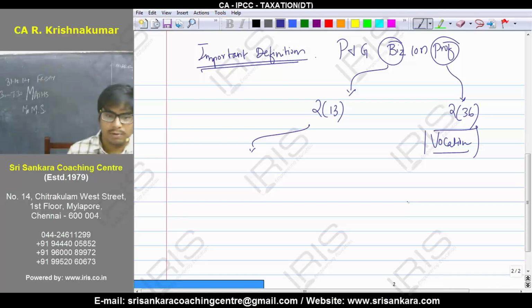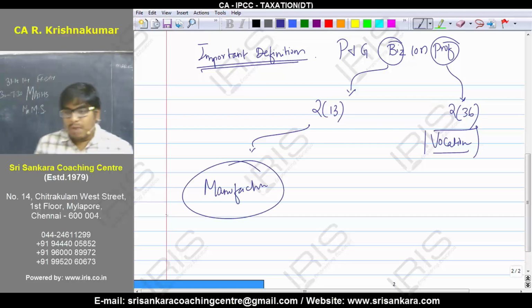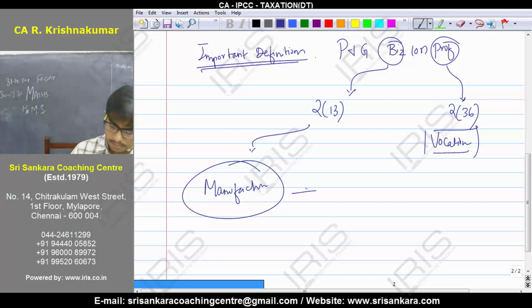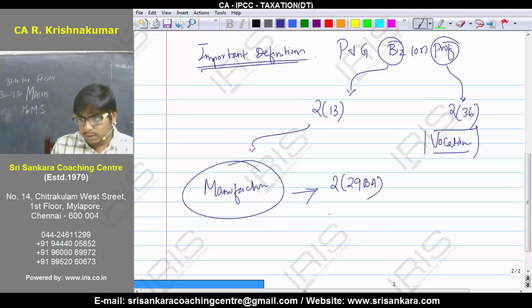Then we have left out one more word, manufacture. Section 2(29BA). Manufacture is defined in section 2(29BA). Write down.